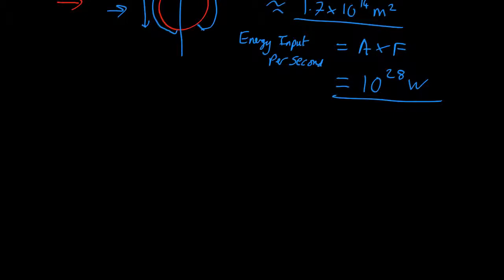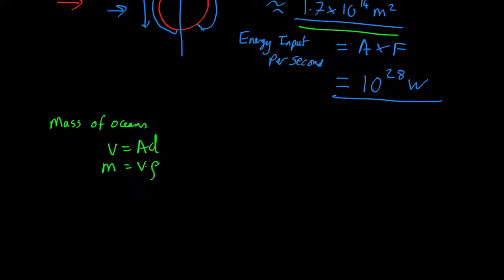Would that heat up the ocean? Well, we can estimate that. What's the total mass of the world's oceans? On average, they're about 4 kilometers deep. So the volume is just equal to the area, which we've already worked out, times the depth, which is 4 kilometers. The mass is equal to the volume times the density. Density of water is 1,000 kilograms per cubic meter.